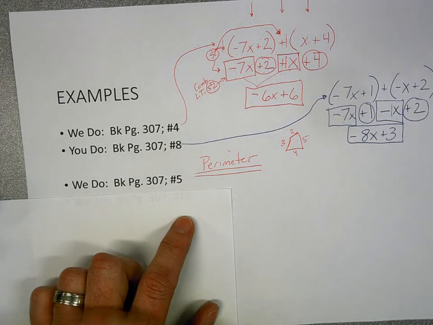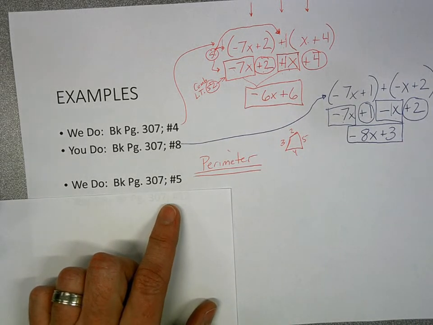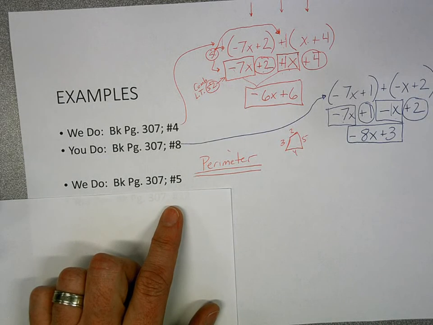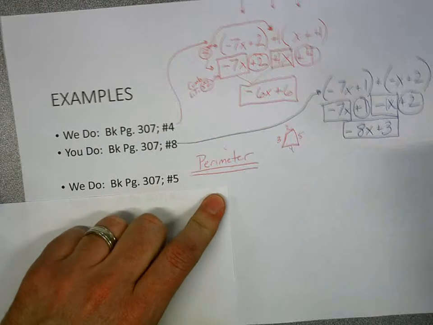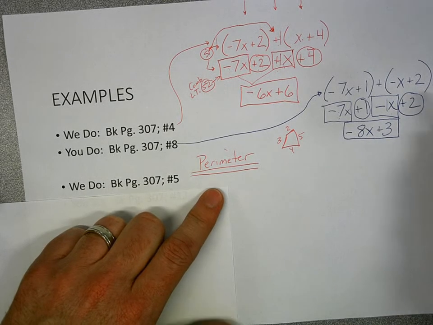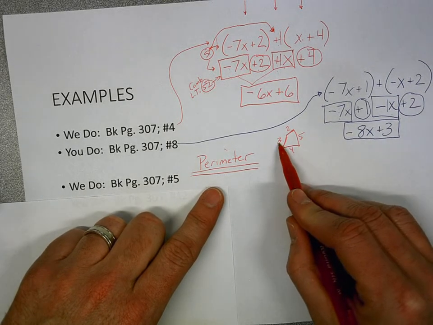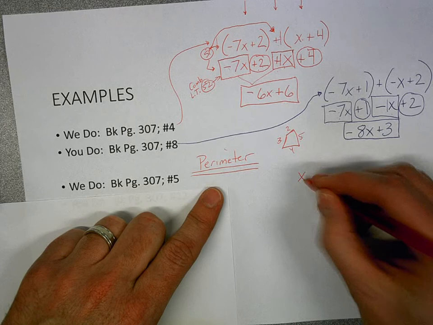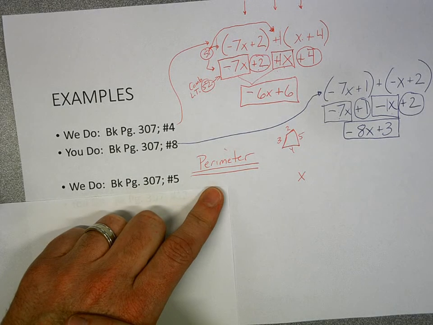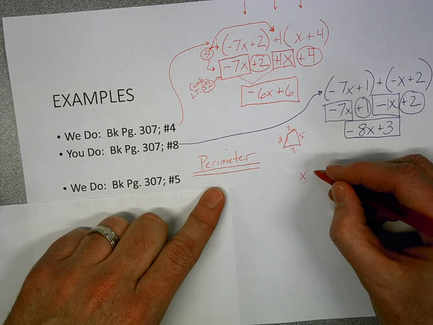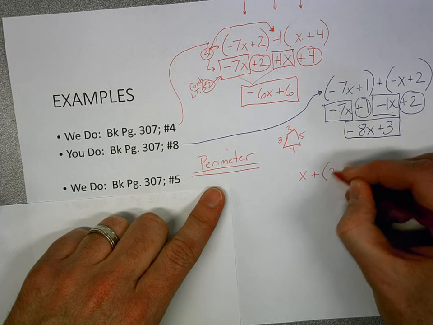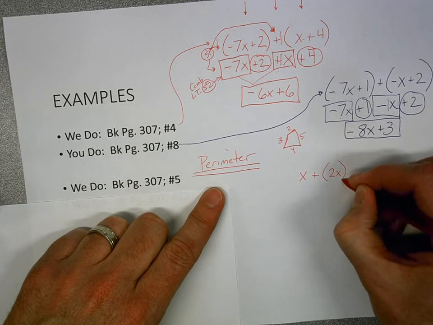And that is exactly what we're doing here. Now, obviously, there's not a bunch of numbers. These are expressions. So I'm going to go ahead and write it down. This side isn't 3 in your book, it's x. This side here isn't 4, it's 2x. So here's what I'm going to do. x plus, I'm going to put in parentheses 2x.